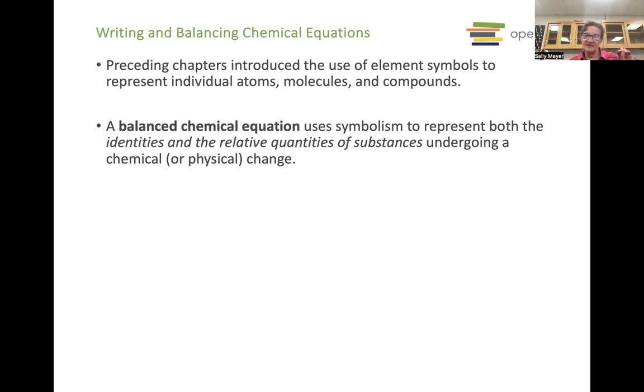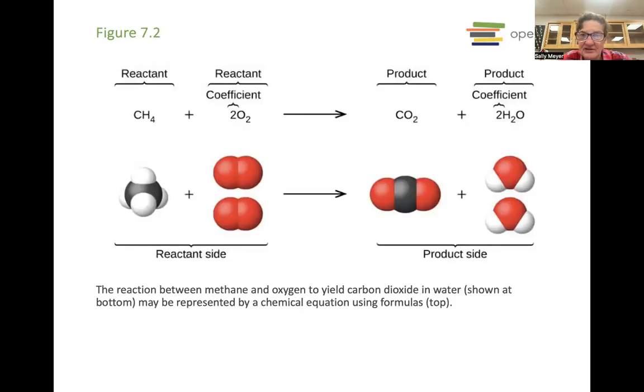For example, methane plus oxygen forms carbon dioxide and water. You could also have a reaction where methane plus oxygen forms carbon monoxide and water. So we have to have the right identities. And then we also have to understand how much of each of those has to be present for the reaction to take place.